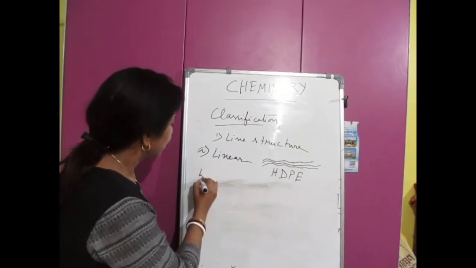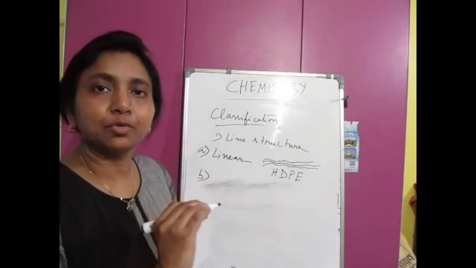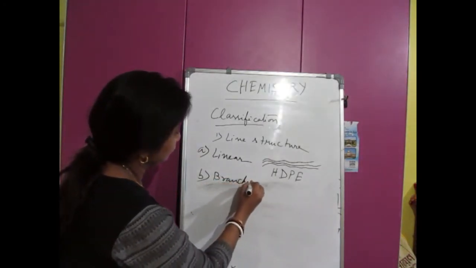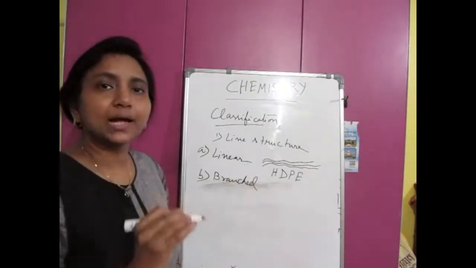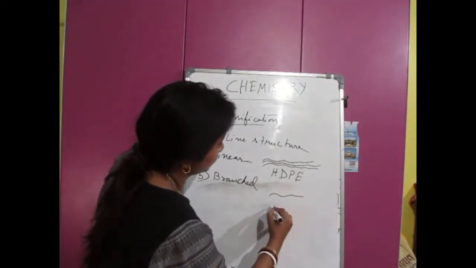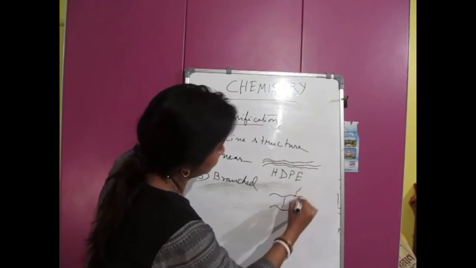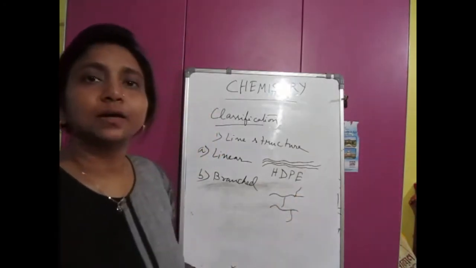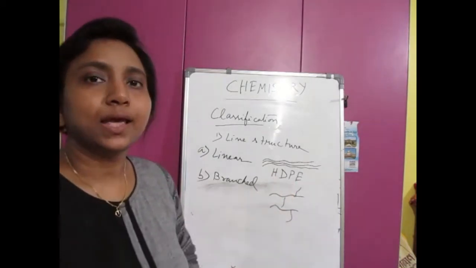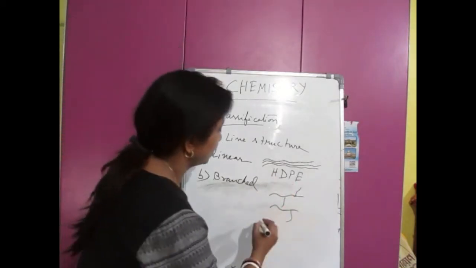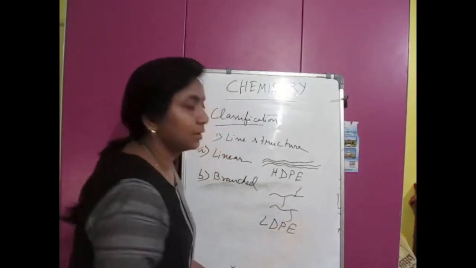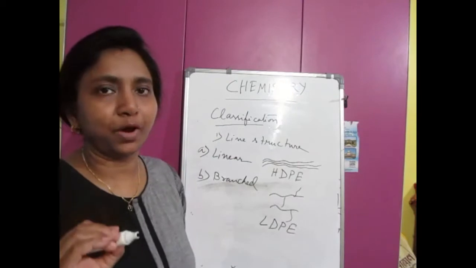So if you see the branched structure, you will be more clear. So branched polymer, what will be the structure? So this is the branched structure. So the example is LDPE, low density polyethylene.